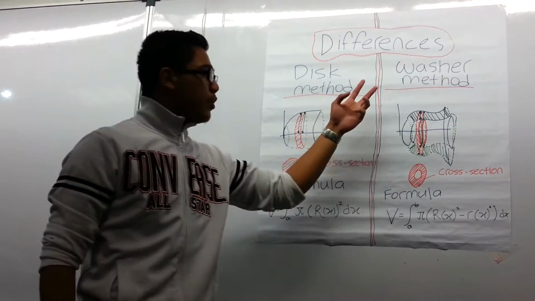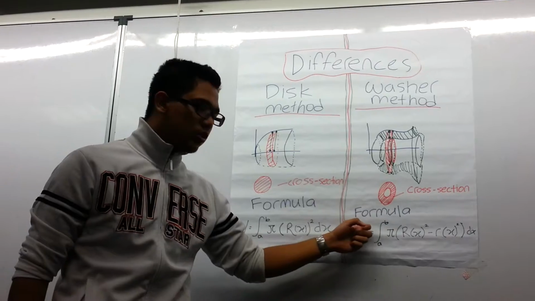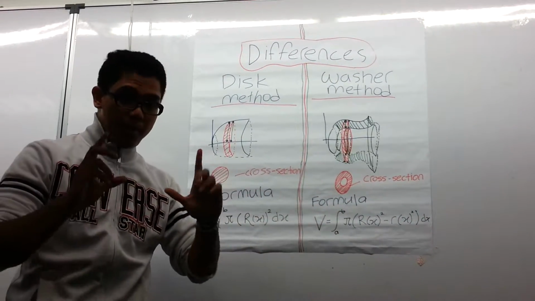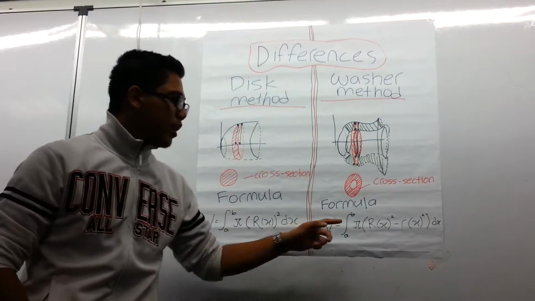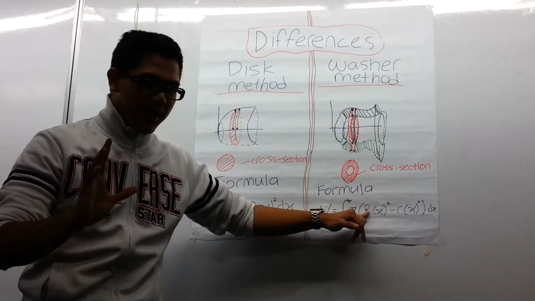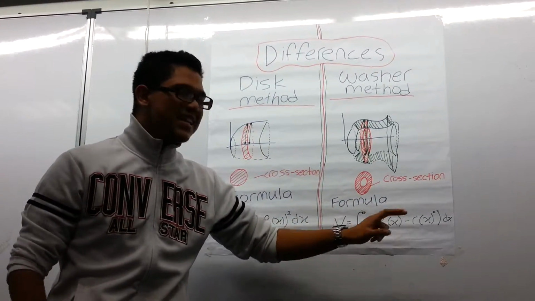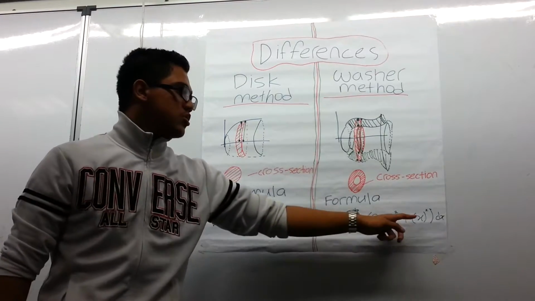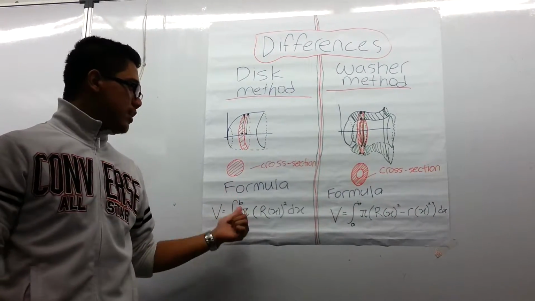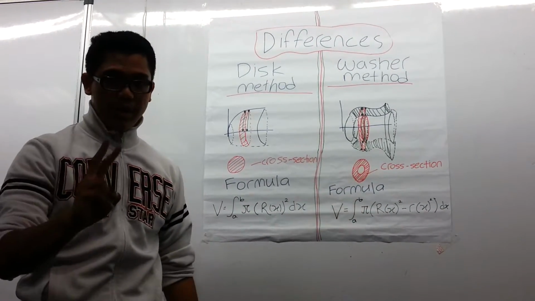While for the washer method, the formula is volume equal to the integral from a to b of pi times the outer radius of the graph squared minus the inner radius of the graph squared. So the difference is this one only has one radius, while the other has two radii.